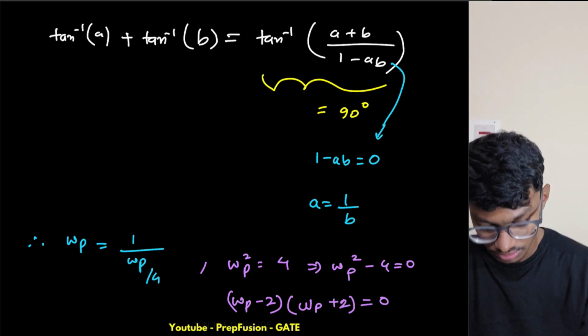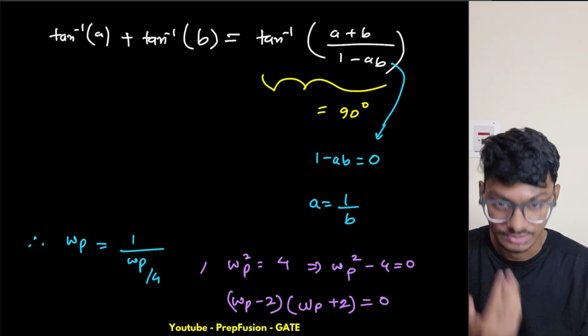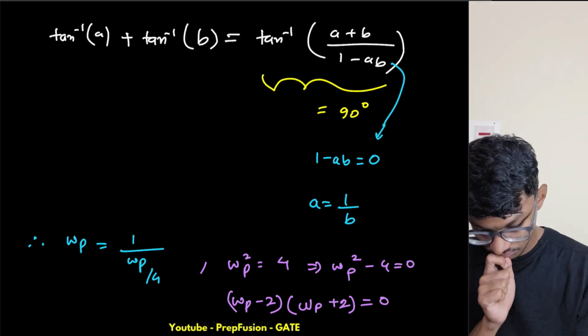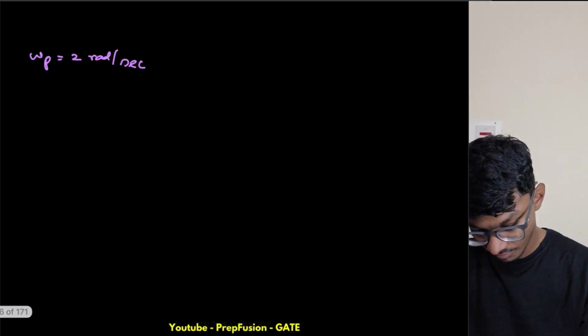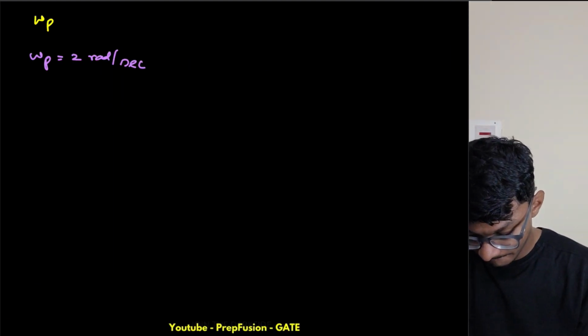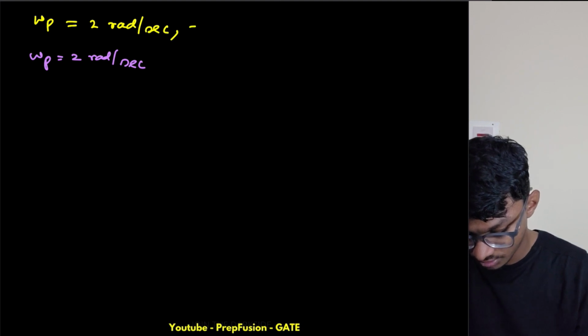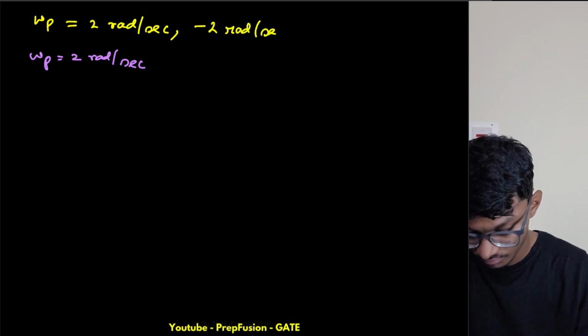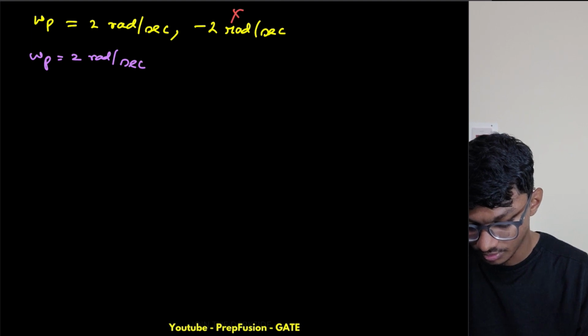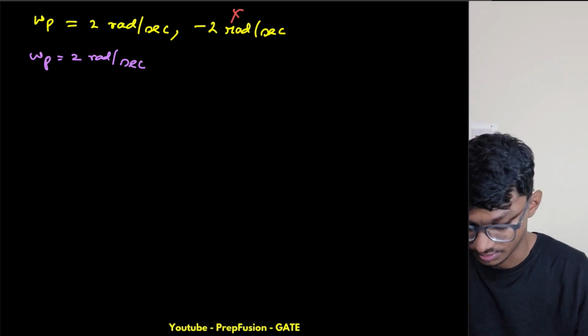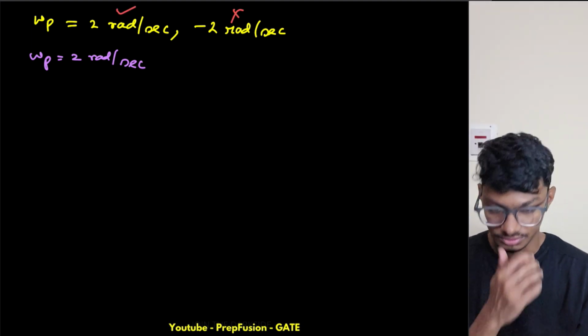This is the total expression. So here I will get two solutions: omega P equals 2 and minus 2. Obviously I will ignore the negative one because it is not possible. I will take this one.